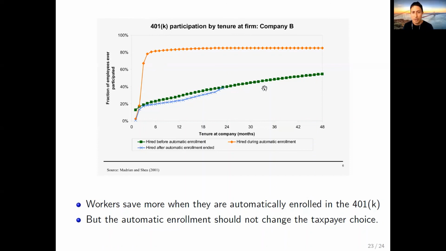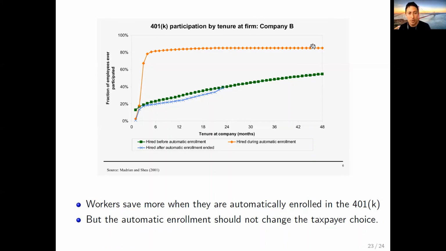So the green line here shows the percentage of employees that actually sign up for the 401k over time before the automatic enrollment. And you see here, the proportion starts at 20% and goes all the way to 60%. But then after the automatic enrollment was implemented, you see that this proportion goes to 80%.